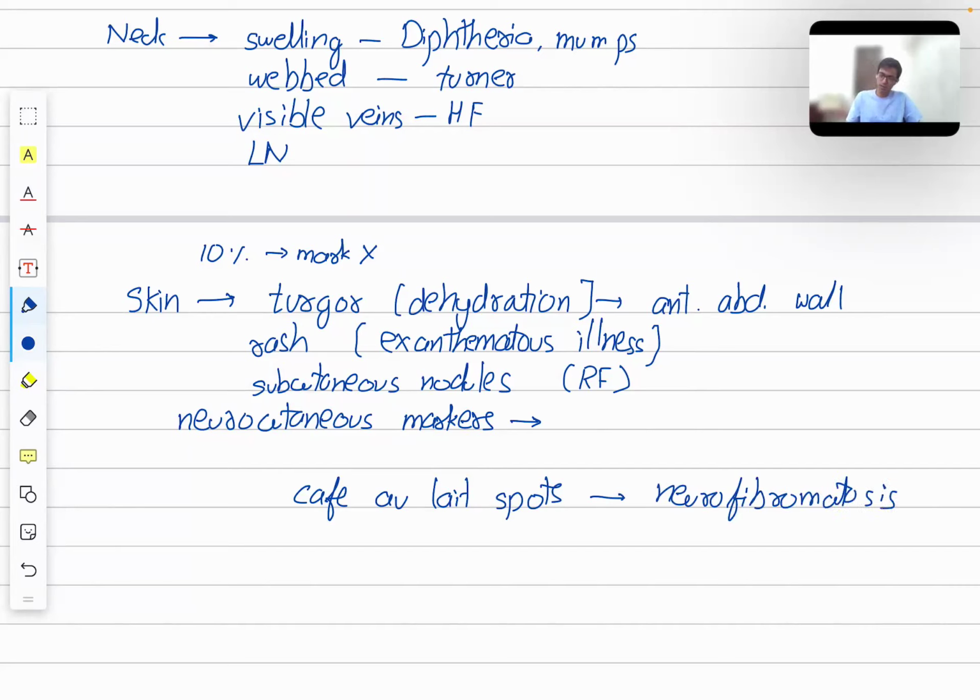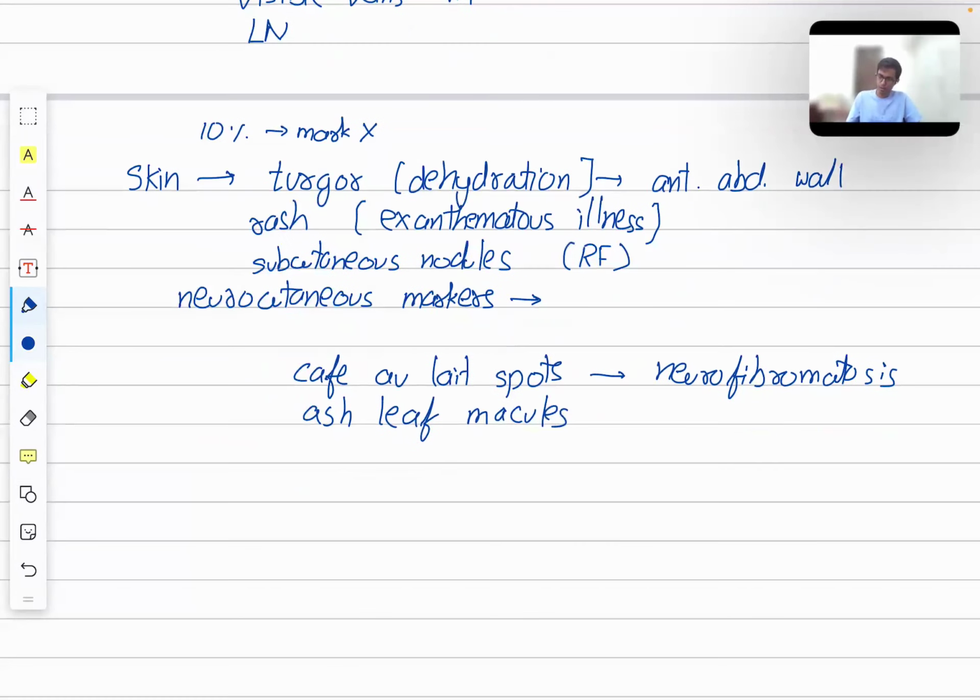We have ash leaf macules, tubers, and shagreen patches in tuberous sclerosis.